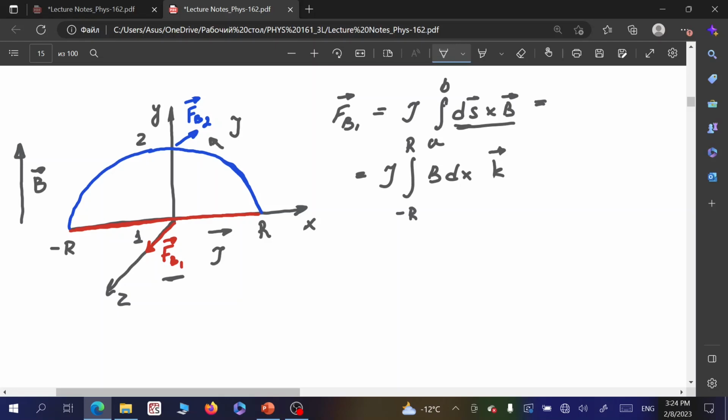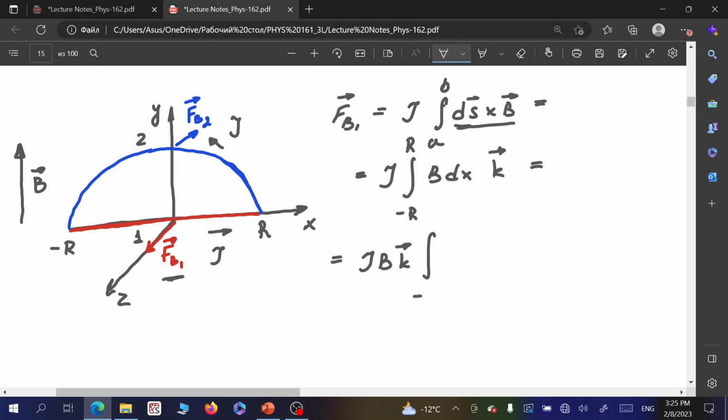So what we can do now, magnetic field is not a function of axis x. So it's a constant parameter. So magnetic field is uniform. So we can factor it out from the integral and also this k unit vector.